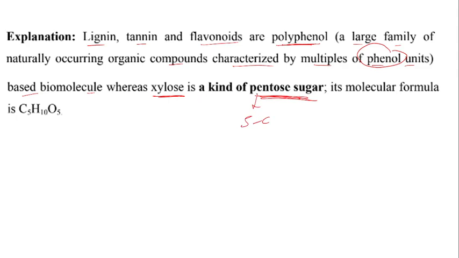Its molecular formula is this one. If you have interest then you can go into it, but otherwise no need to understand what the formula is. It is a very complex thing and it is also not part of this course.